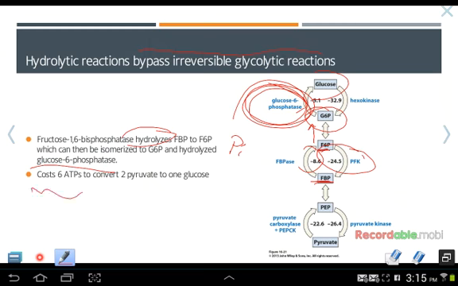Overall, this is going to cost us 6 ATPs in order to convert 2 pyruvate to 1 glucose. So we utilize 2 ATPs with this enzyme. It takes 2 pyruvate, so we do this twice. So it's 1 ATP per pyruvate with PEPCK. We also have to burn an ATP molecule with the FBPase and the glucose 6-phosphatase in order to couple the reaction and make that go forward.